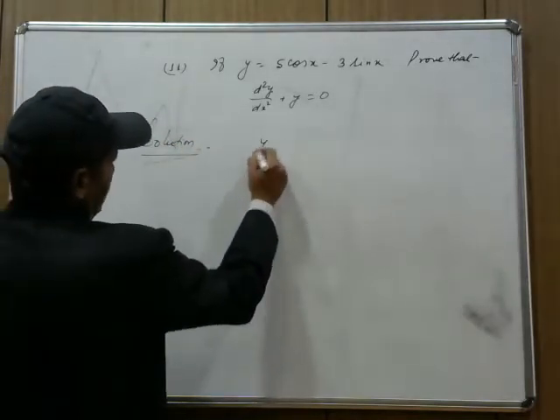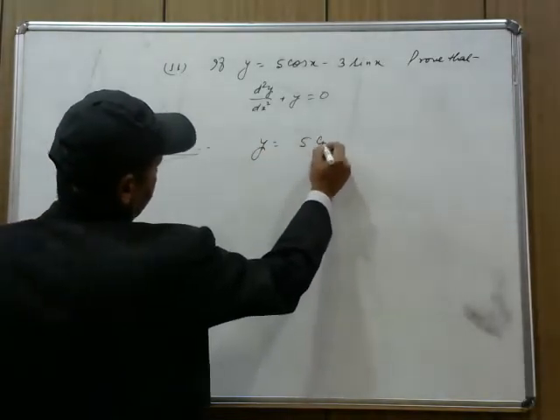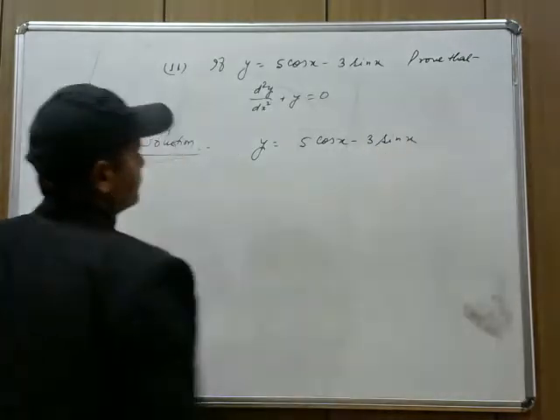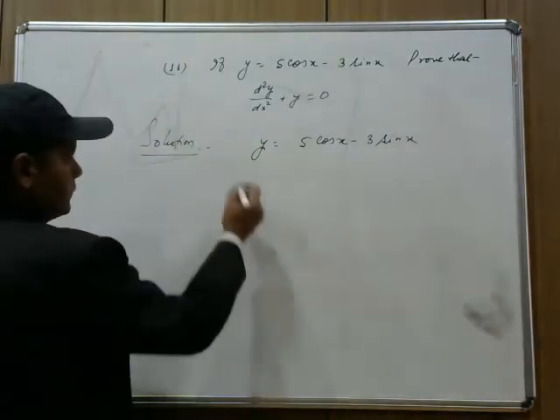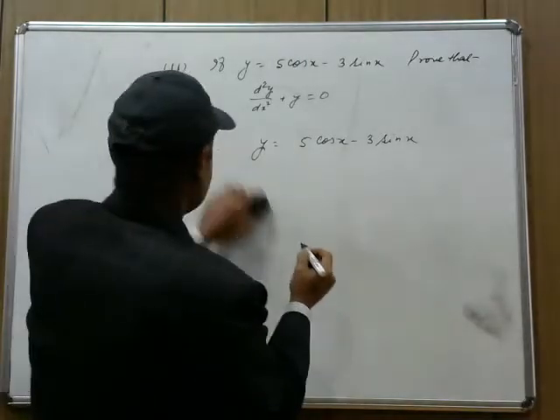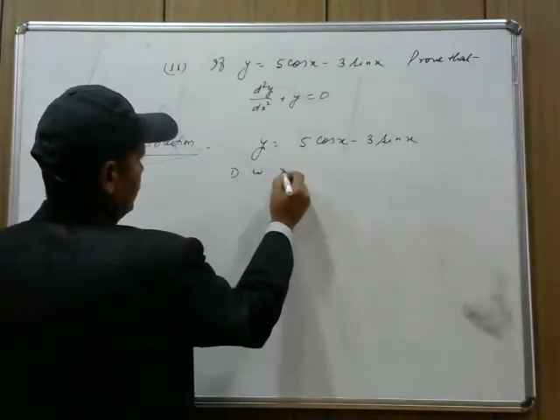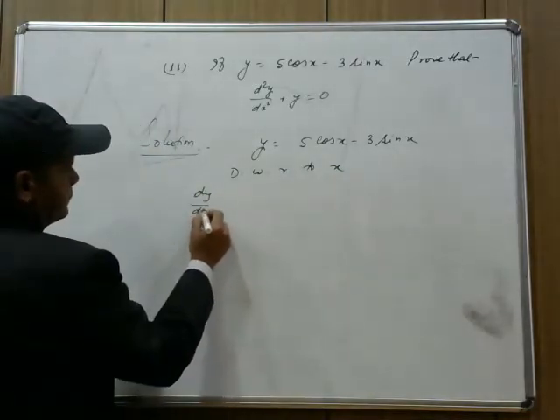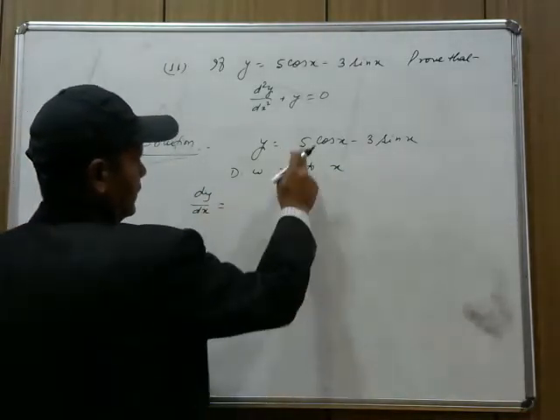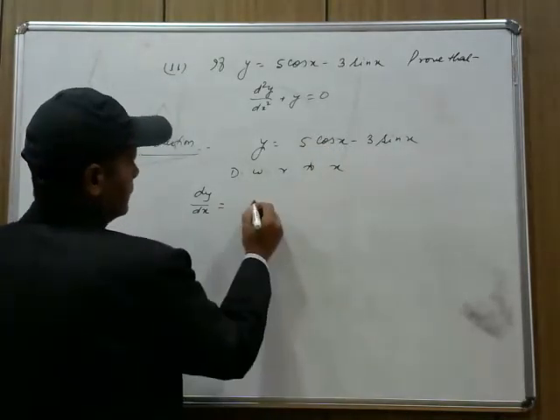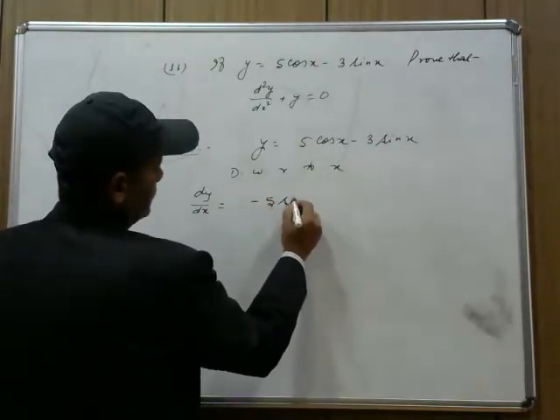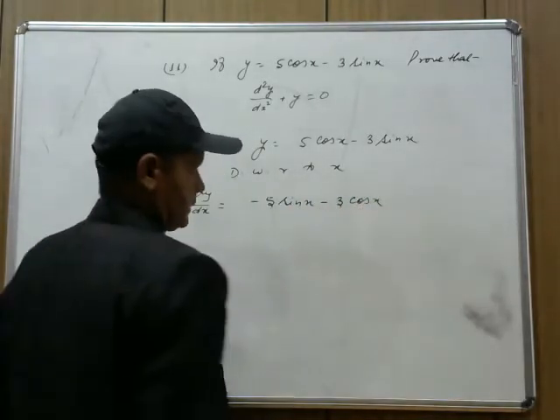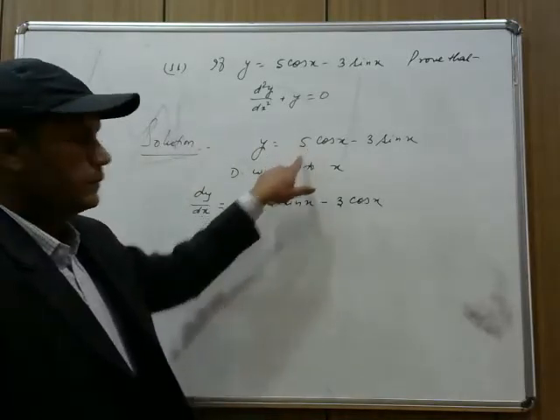It is given that y is equal to 5 cos x minus 3 sin x. Therefore, differentiating with respect to x, dy by dx is equal to differentiation of 5 cos x, which gives minus 5 sin x, minus 3 cos x. 5 will remain as it is.